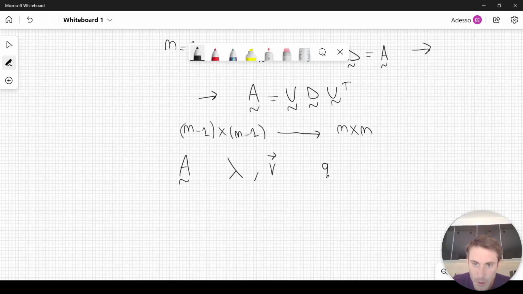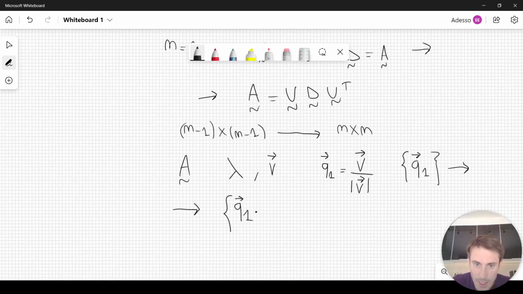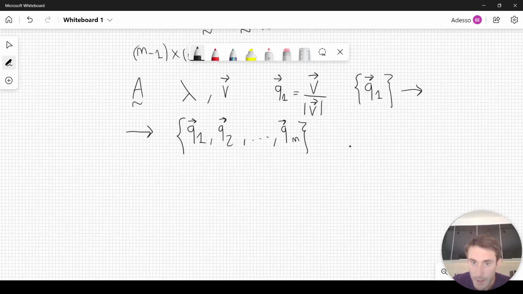Now we set also Q1 equal to the vector V divided by the norm of the vector V, and we are going to extend the basis made up only of this vector Q1 to the following orthonormal basis, made up of Q1, Q2, dot dot dot Qn. So this basis is an orthonormal basis in Rn.